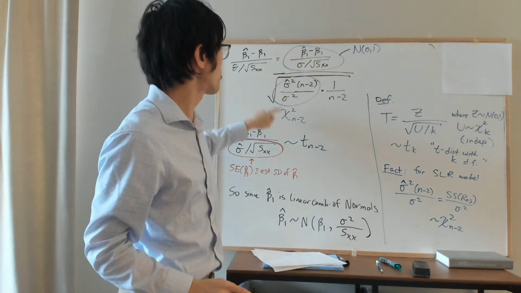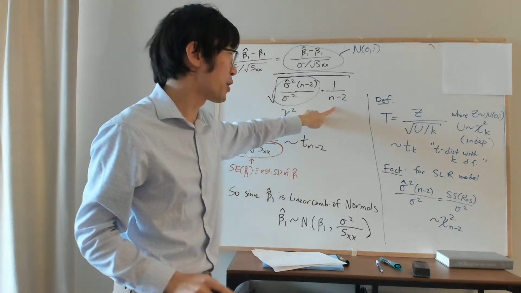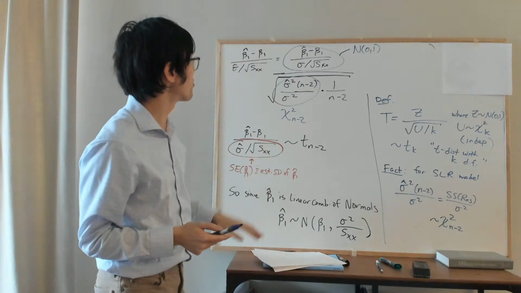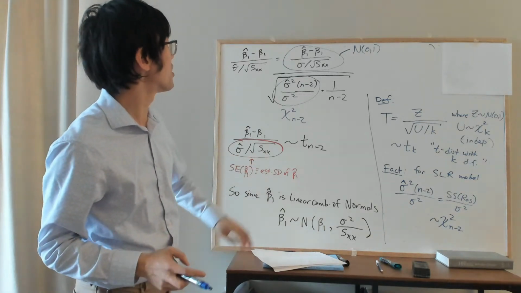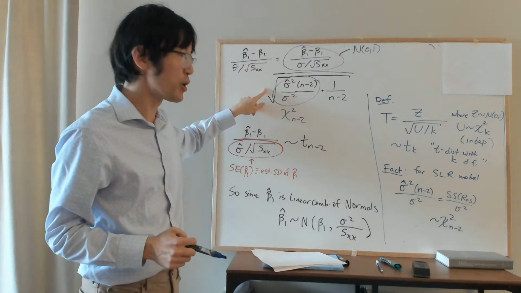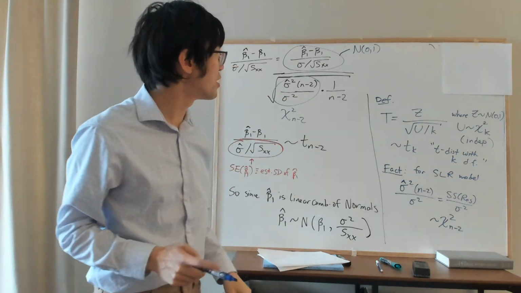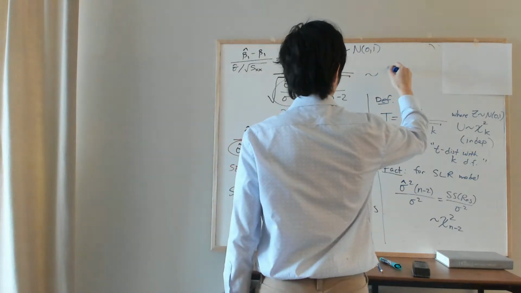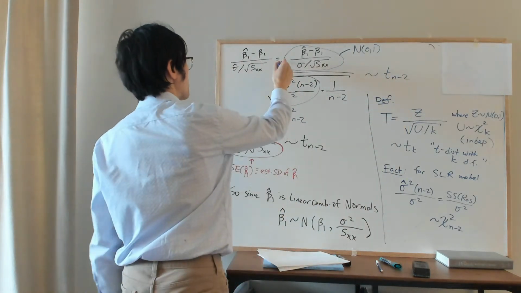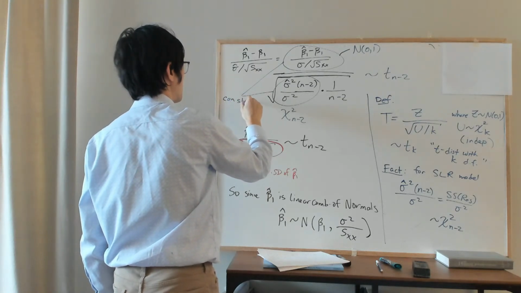We have normal on top, and then we have root of a chi-squared divided by its degrees of freedom on the bottom. And in fact, it can also be shown that these two are statistically independent, and therefore this defines a t distribution with n minus 2 degrees of freedom. We're not going to show that here, but you can show these are independent.